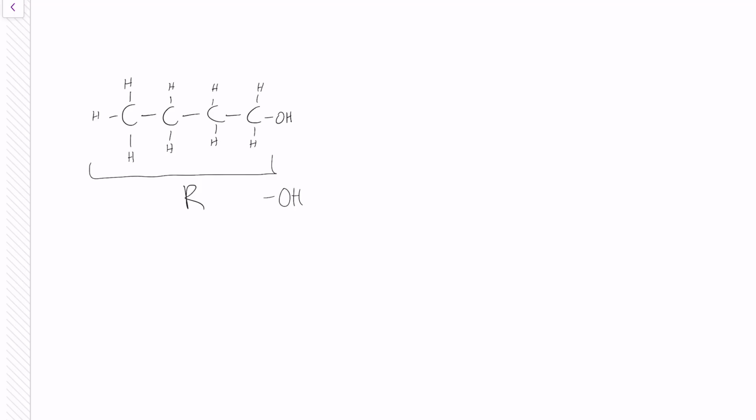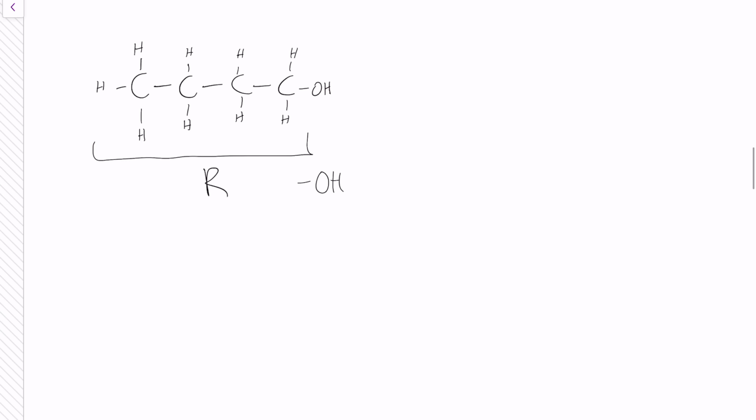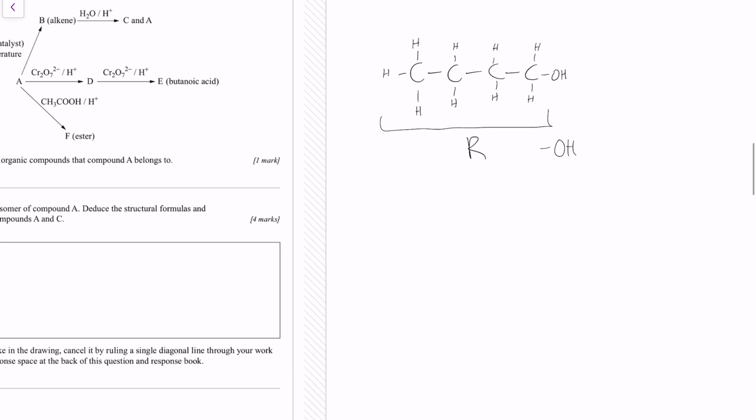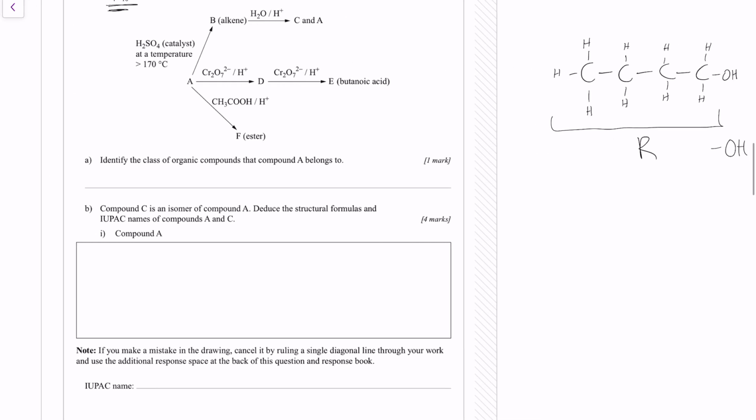I forgot what that was called, but anyway, with OH, we know that the class of the compound is an alcohol. So all you've got to say is just alcohol. Okay? So that will give you the mark. Identify the class as alcohol.